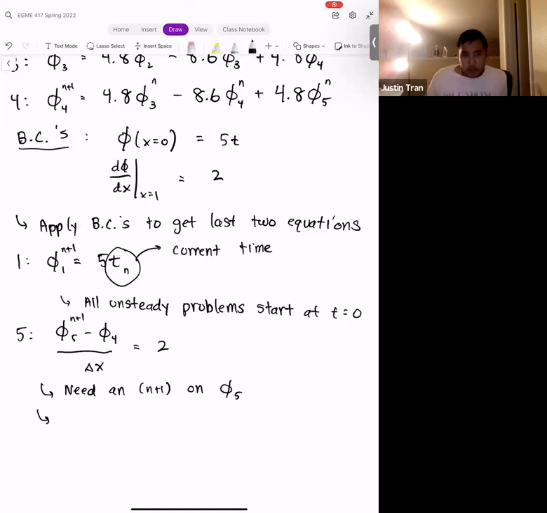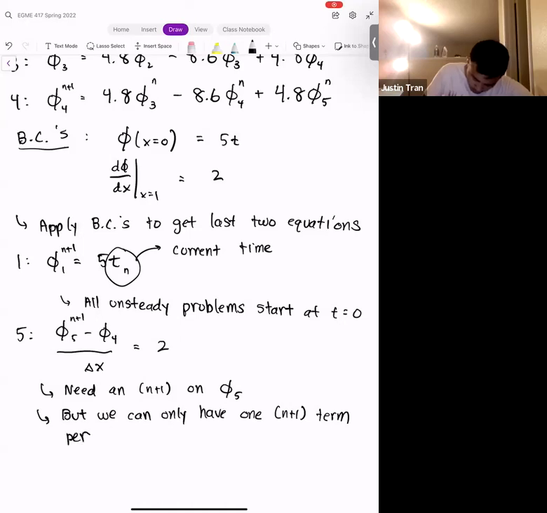But we're a little bit restricted here because with explicit Euler, we only have room for one n+1 term per equation. And so that kind of forces our hand, and it makes it so that the other term, we have to evaluate it at time step n.